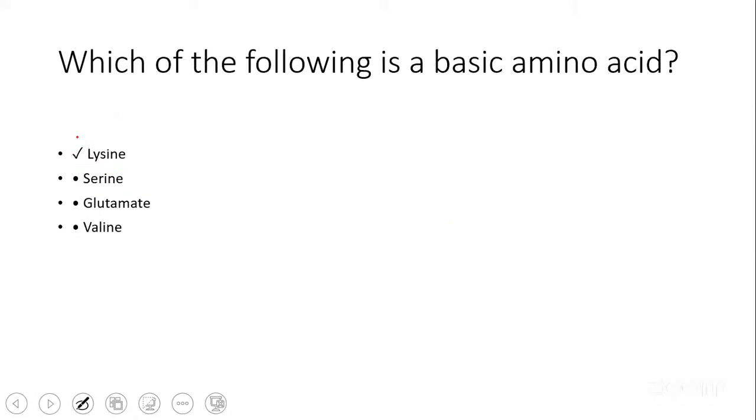So which of the following is a basic amino acid? We have four options: lysine, serine, glutamate, and valine. Remember, we said valine is hydrophobic and neutral.